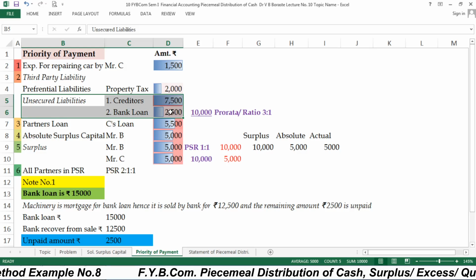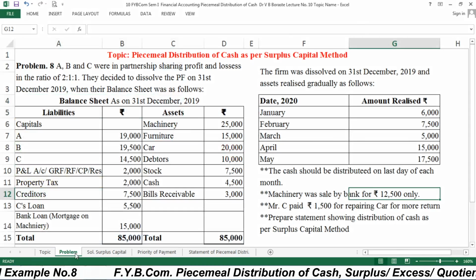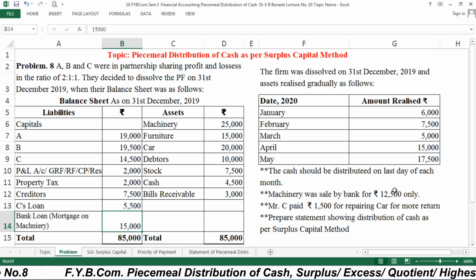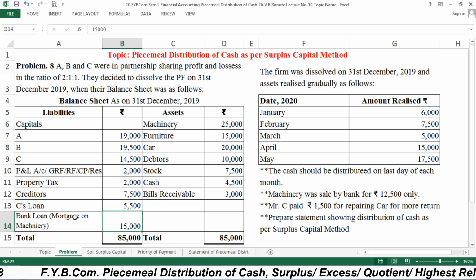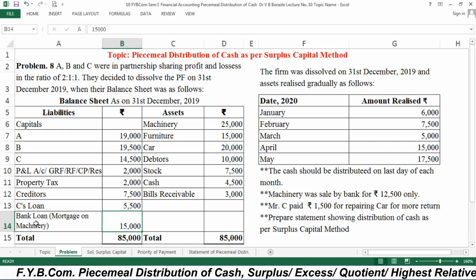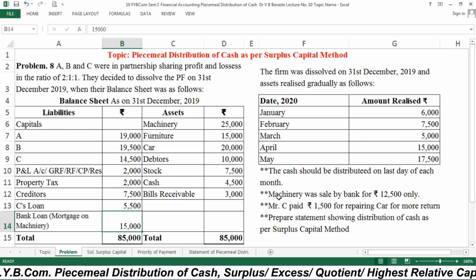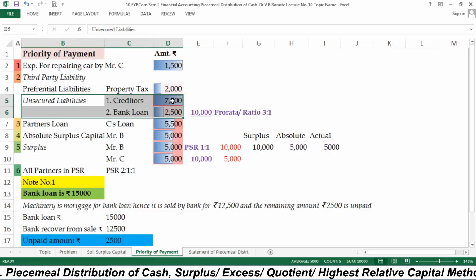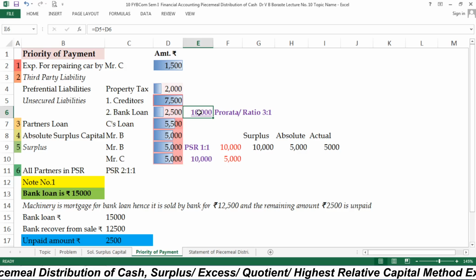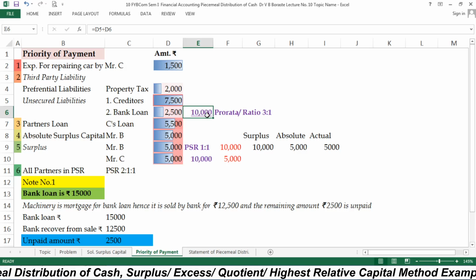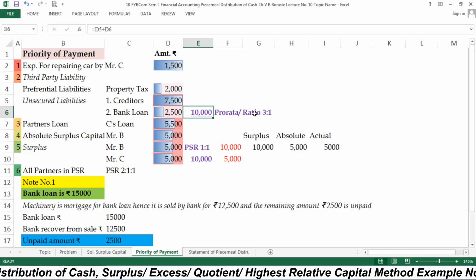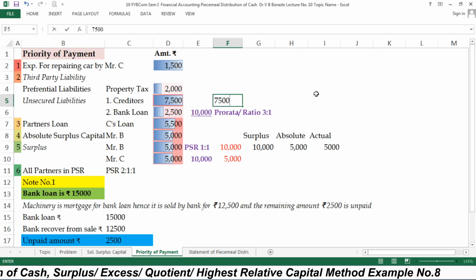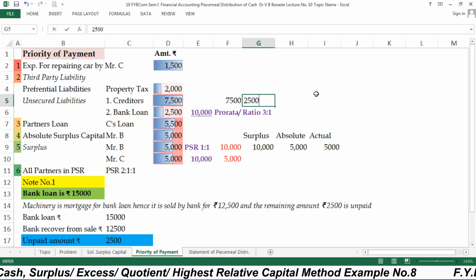Why bank loan 2,500? As I earlier discussed, bank loan was 15,000 but the bank recovered rupees 12,500 against the mortgage of machinery, and 2,500 automatically becomes an unsecured creditor. So in this step we must have 10,000. If we don't have 10,000, at that time we have to use the pro rata or ratio of these liabilities, that is 7,500 is to 2,500.